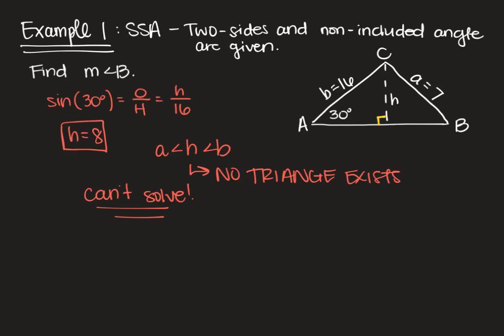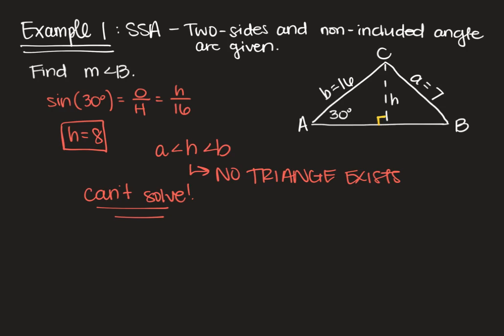I do want to take a second to show y'all what happens if you do try to solve for the measure of angle B using law of sines here. Remember, we use law of sines when we're trying to find a missing side or a missing angle, and we know one pair of angle and opposite side. So that's our pair that's known, and then we're going to use this second pair in the law of sines to solve for the measurement of angle B. Remember from last lesson, and if you haven't watched last lesson, this will not make sense.